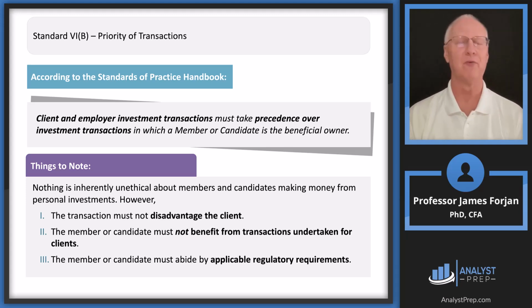Maybe it's a raft, maybe it's a little rubber ducky. Whatever it is, what we need to make certain is that we are not in that pool, and that our brother and sister are not in that pool. Right? Priority of transactions. We don't want to disadvantage the client. We don't want to benefit from transactions undertaken for clients.